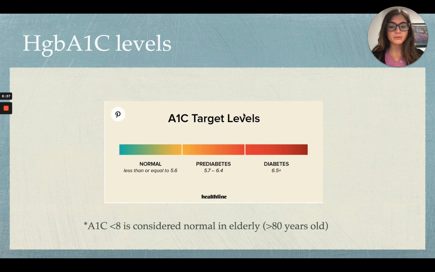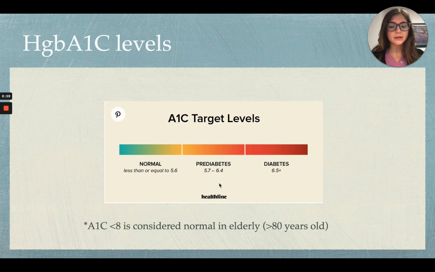Now, in individuals with prediabetes, someone who may be at risk for developing diabetes, kind of borderline diabetes, we may see slightly higher A1C levels, because their fasting glucose levels and their glucose levels even after eating are going to be slightly higher compared to someone without any impaired metabolism.